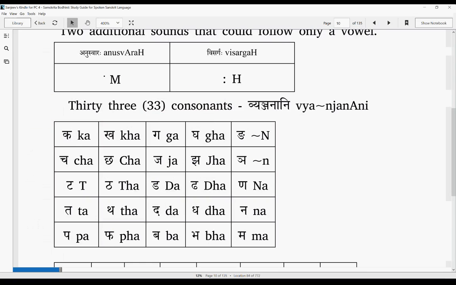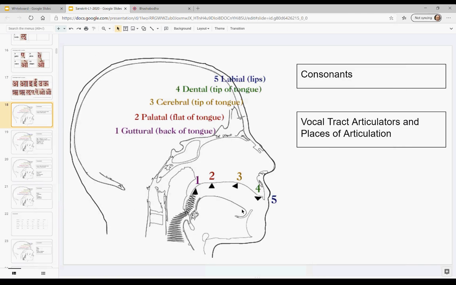The next line of letters, which is ta, tha, da, dha, na, is produced by the tip of the tongue rolled back, touching this part. They are called retroflex letters, or also cerebral letters. So in Sanskritam this position is called murdha.